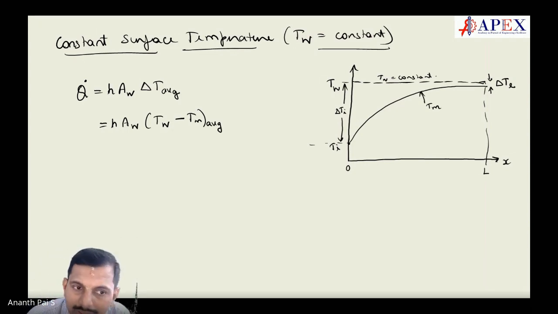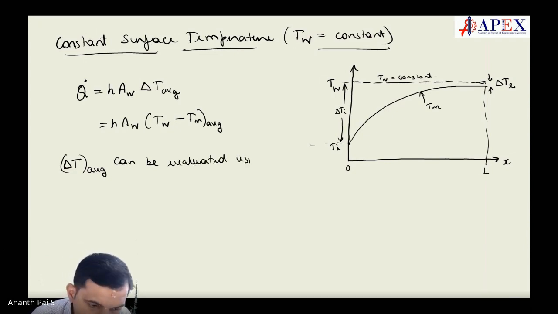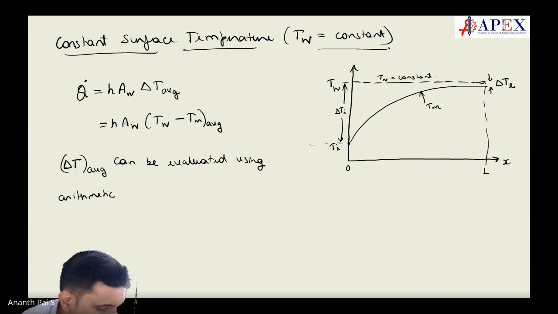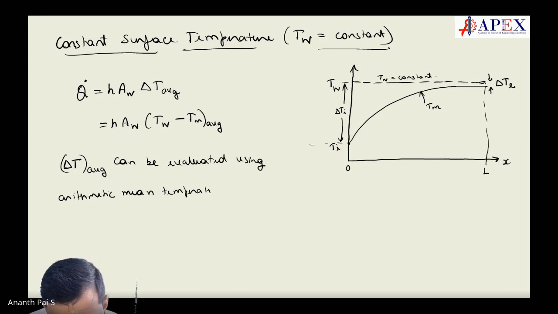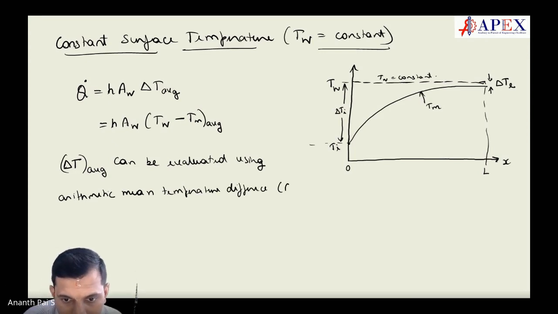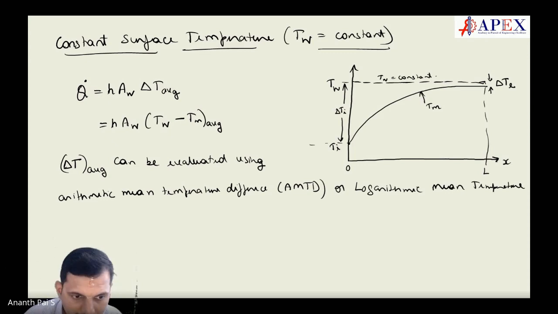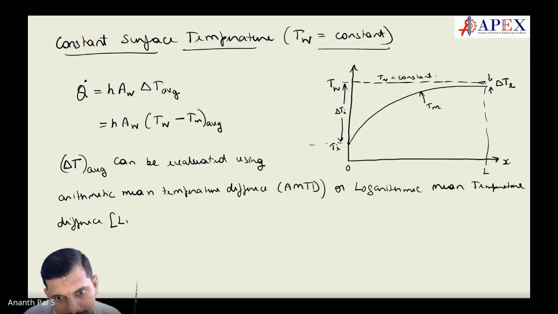Now, delta T average can be evaluated using the arithmetic mean temperature difference, called AMTD, or the logarithmic mean temperature difference, which is called LMTD.